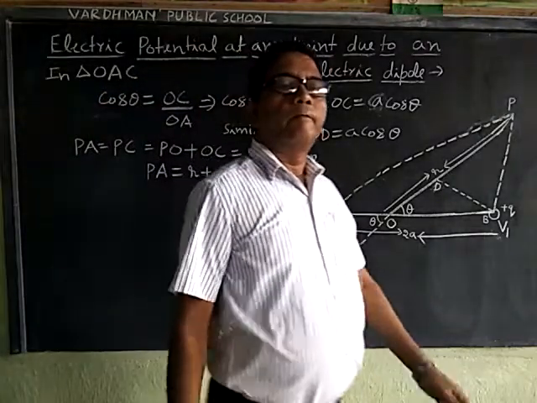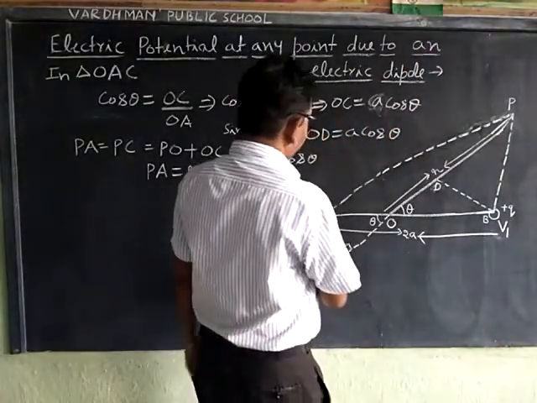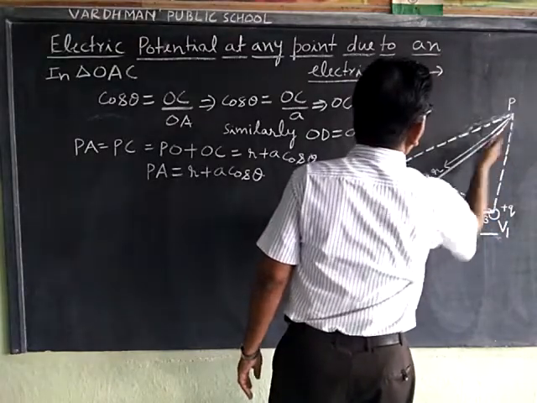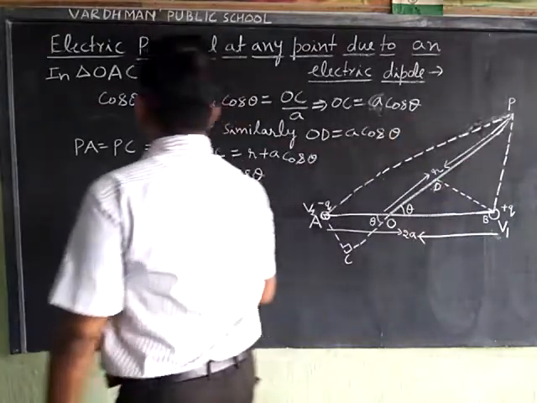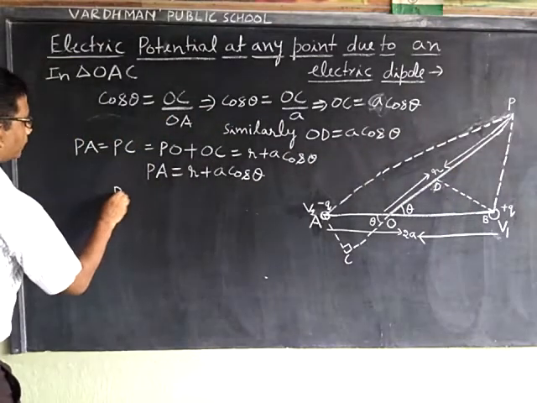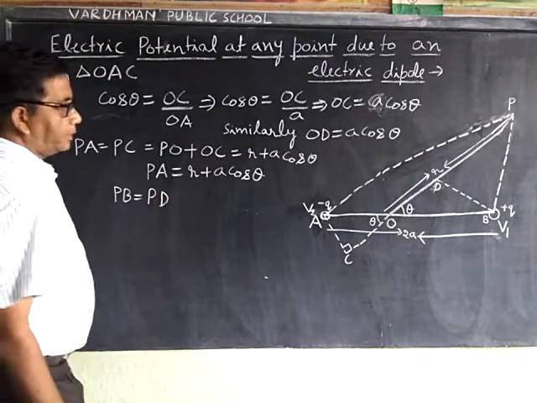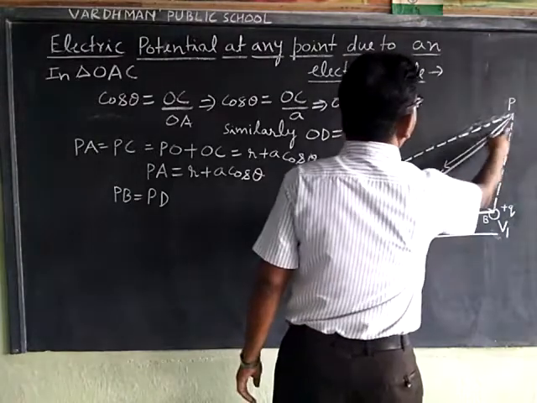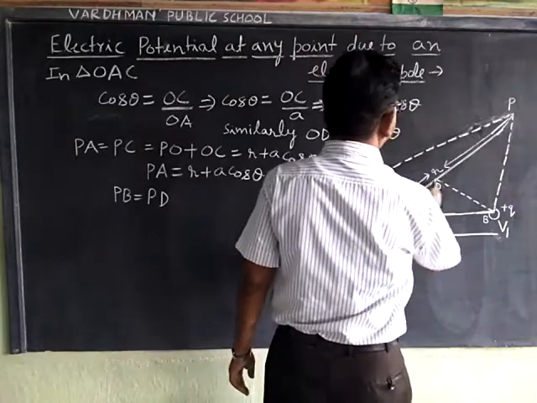Now, PB is equal to PD, and PD can be written as PO minus OD.